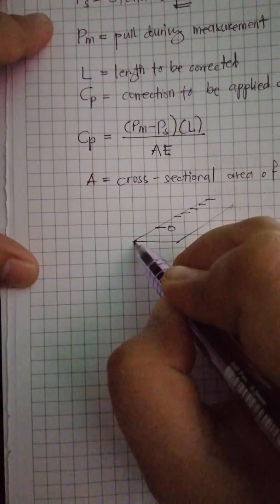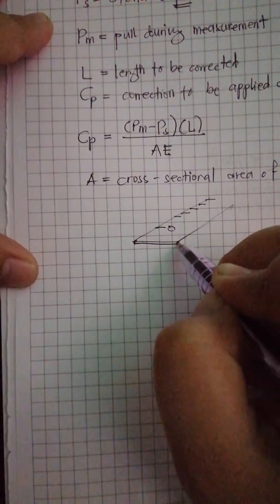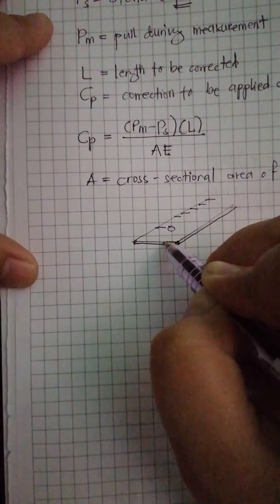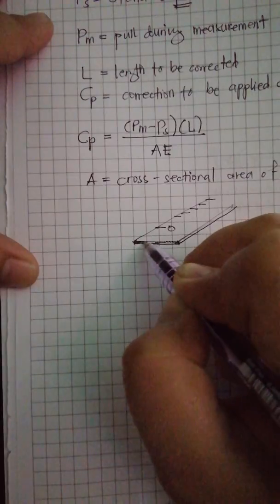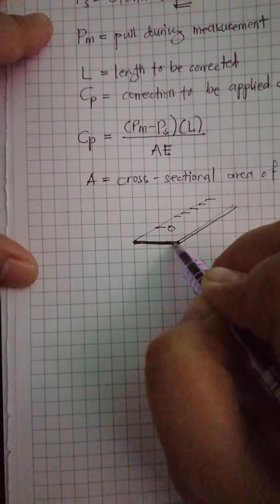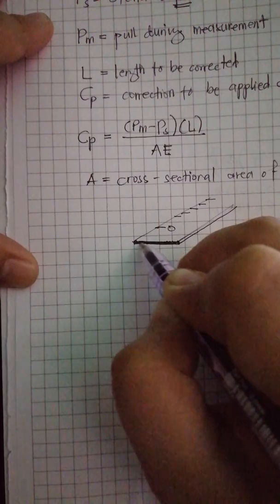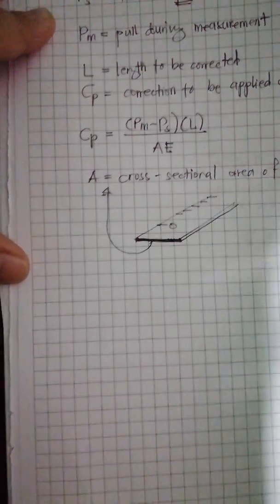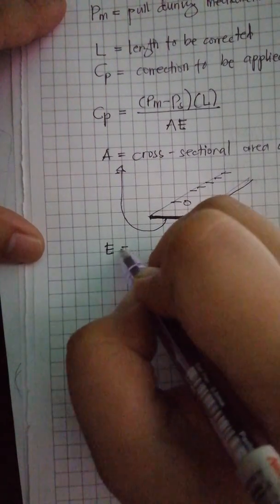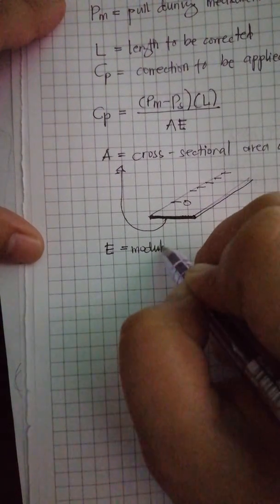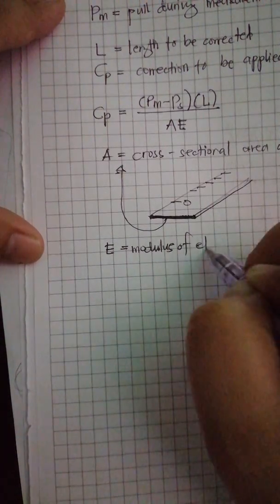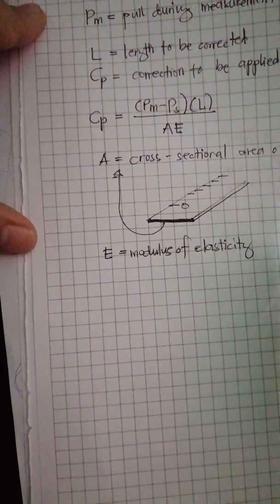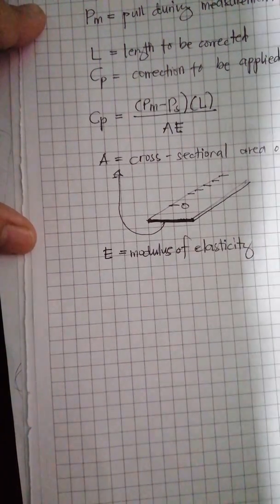Syempre nipis lang ang tape. Okay, this area right here, the one that I shaded, this is very thin. Although it's thin, meron pa rin yung area. So, ito yung cross-sectional area. E. What is E? This is the modulus of elasticity of the tape. When you say modulus of elasticity, gaano ka-elastic ang tape?